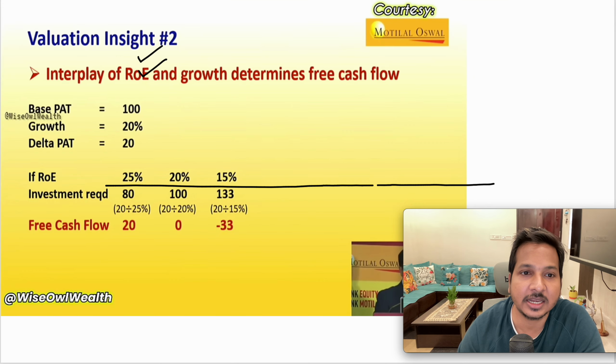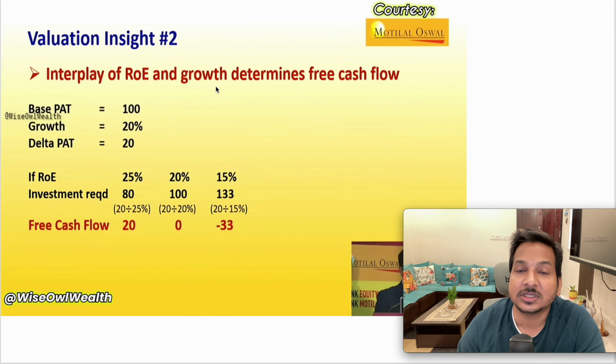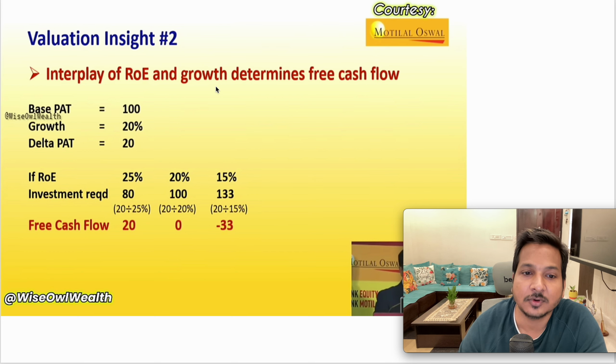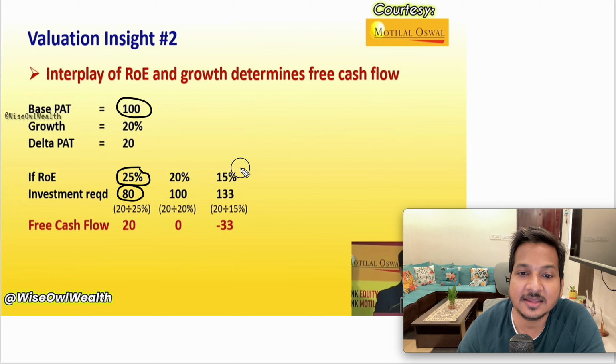Now the second learning. ROE and growth both determine free cash flow. If ROE is more, suppose 25%, then for generating the same PAT, profit after tax, you need lesser capital investment. But if ROE is less, 15%, you need more investment.